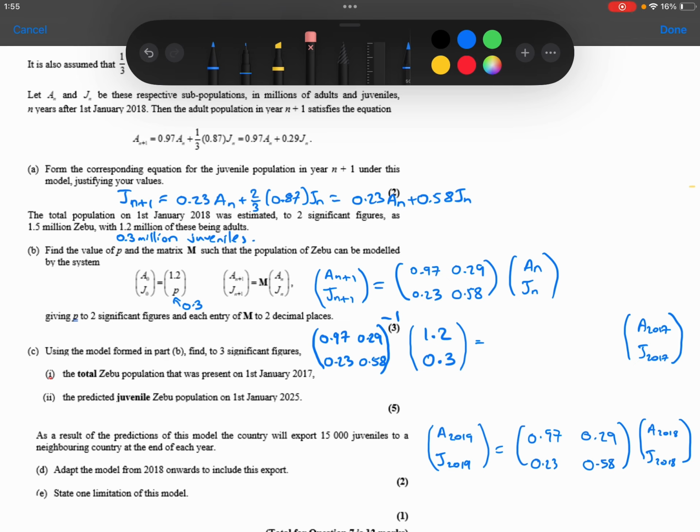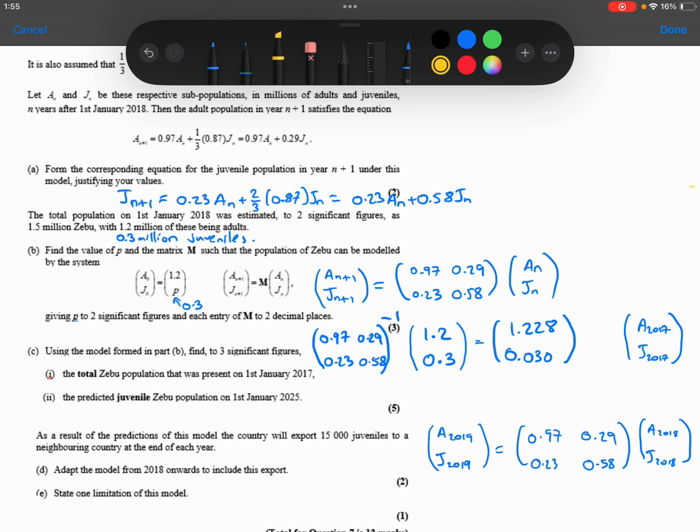So that calculation, the inverse matrix of 0.97, 0.29, 0.23 and 0.58 multiplied by the matrix 1.2, 0.3, gives, on my calculator, 1.228 and 0.0302.